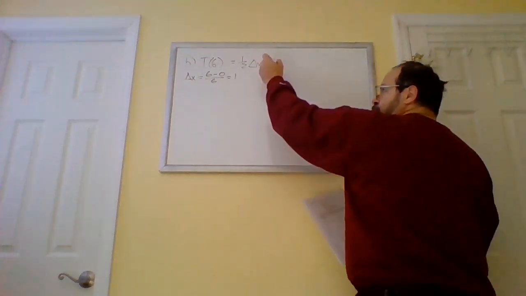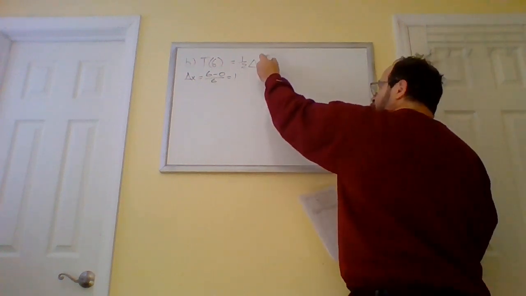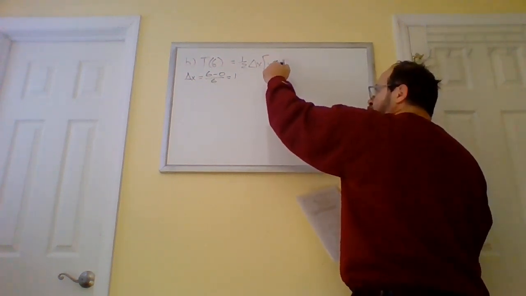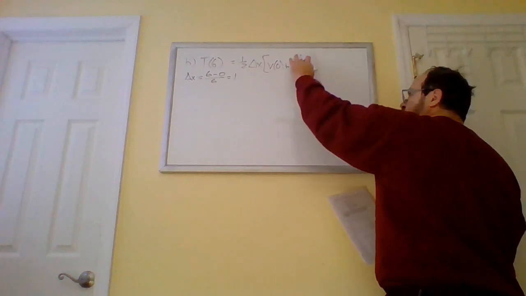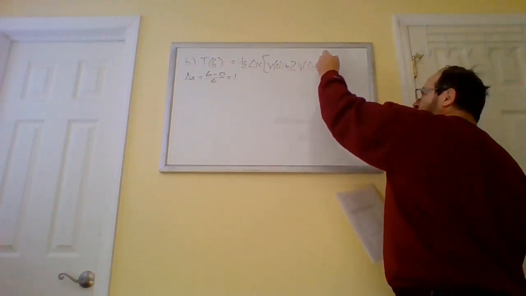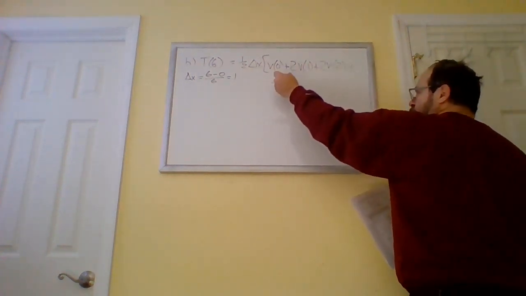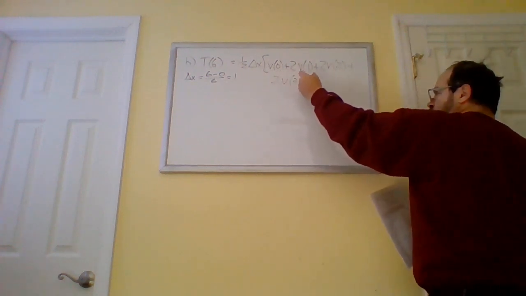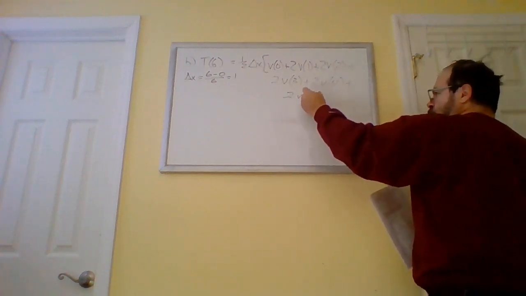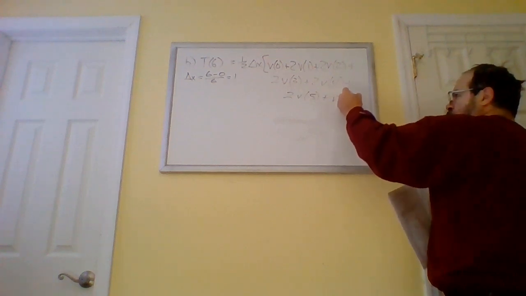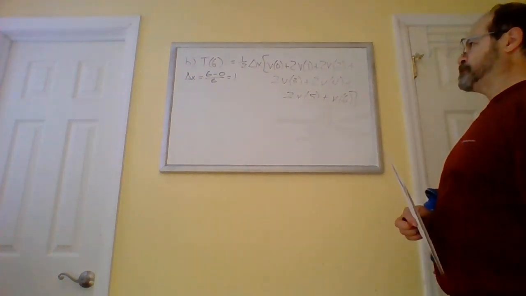Remember, trapezoidal rule starts with the initial f of A plus 2 of everything in the middle. And then we have your ending value.